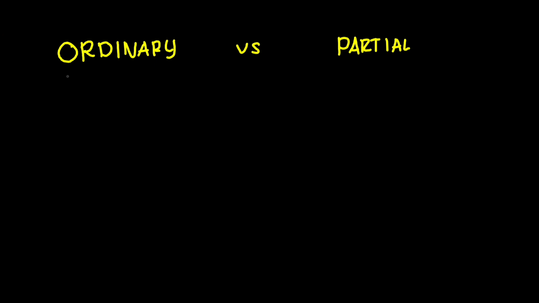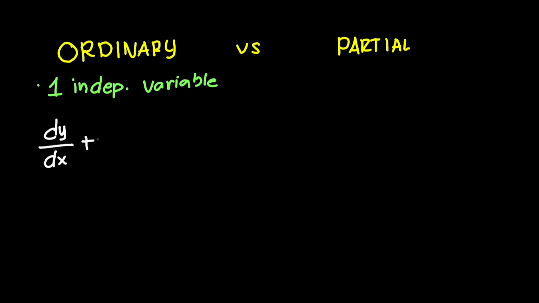Let's talk about how to identify whether the differential equation is ordinary or partial. So first, for ordinary, it only contains one independent variable. An example of this would be dy over dx plus y is equal to 0.